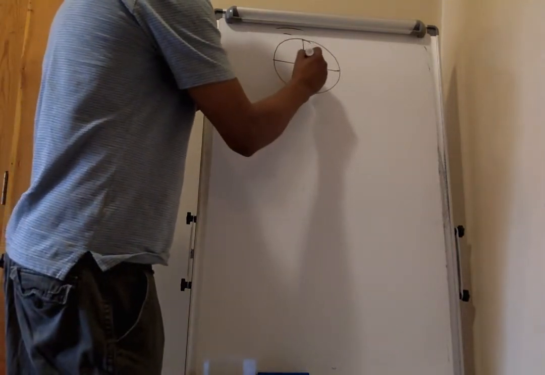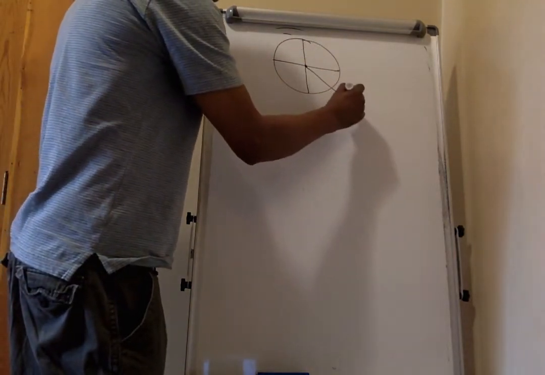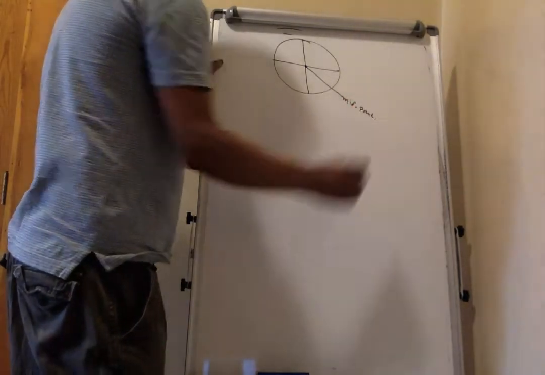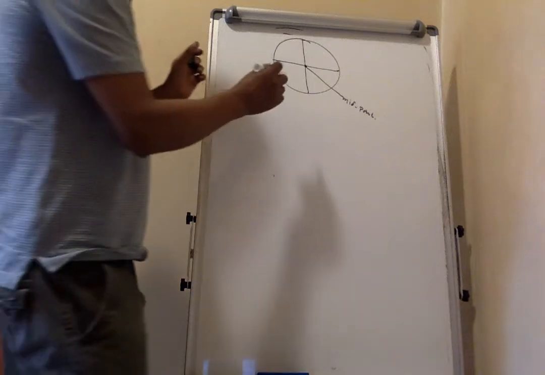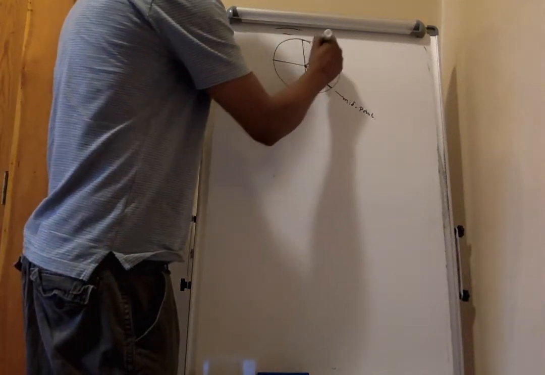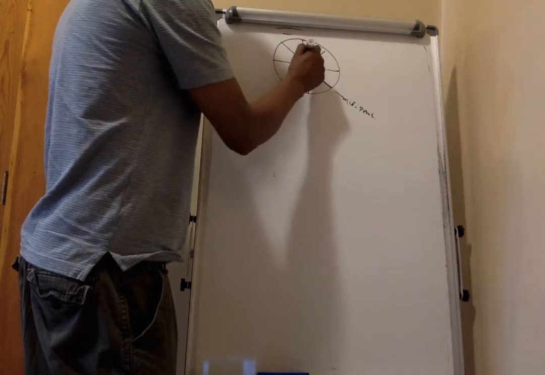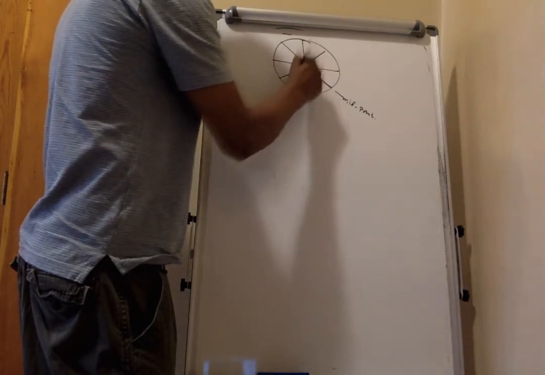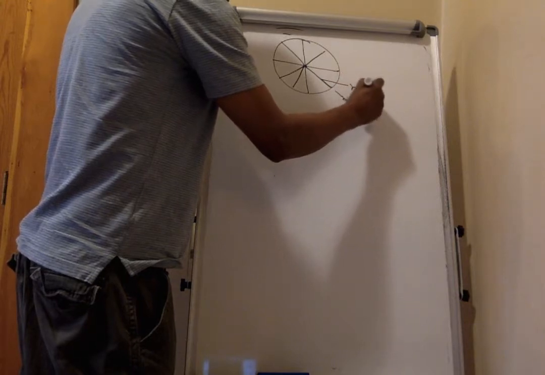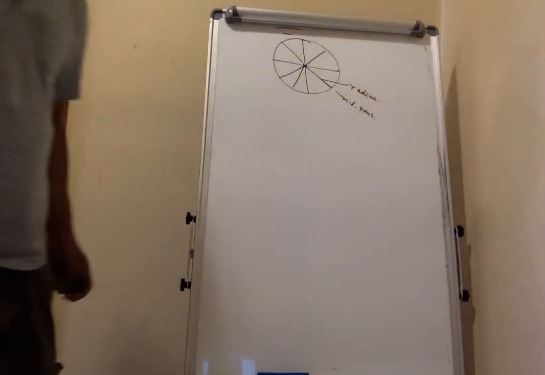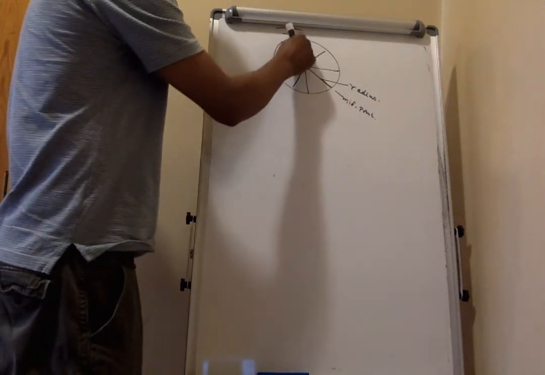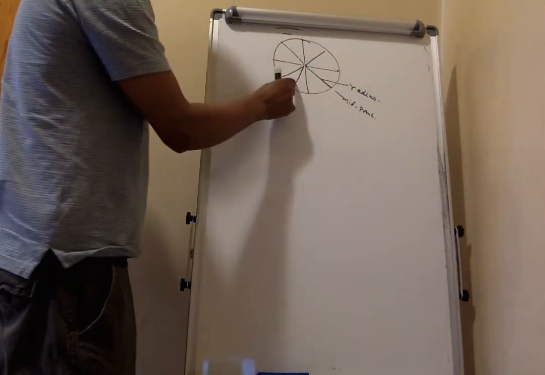This is our midpoint. The midpoint is crucial because if I draw a straight line each way, it has the same distance. So this is what we call the radius. So the distance between here and here, the distance between here and here are all the same.